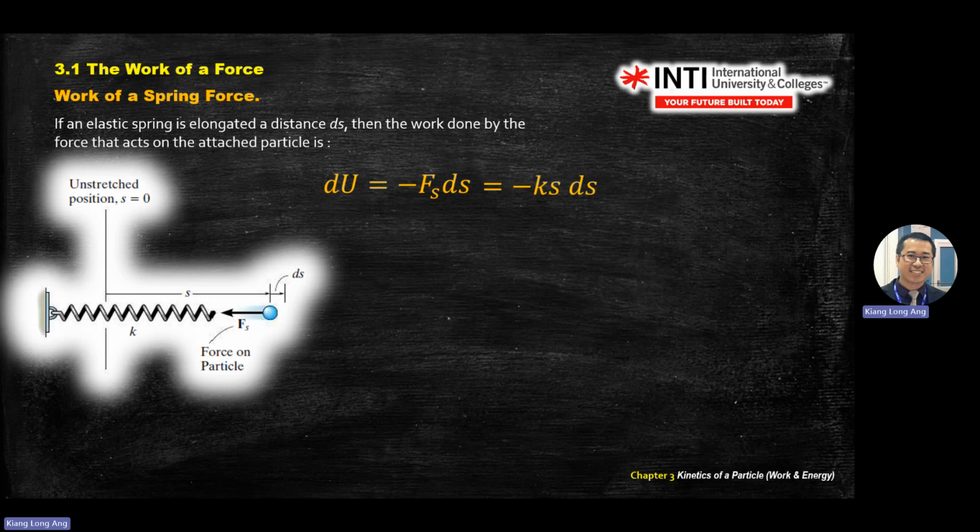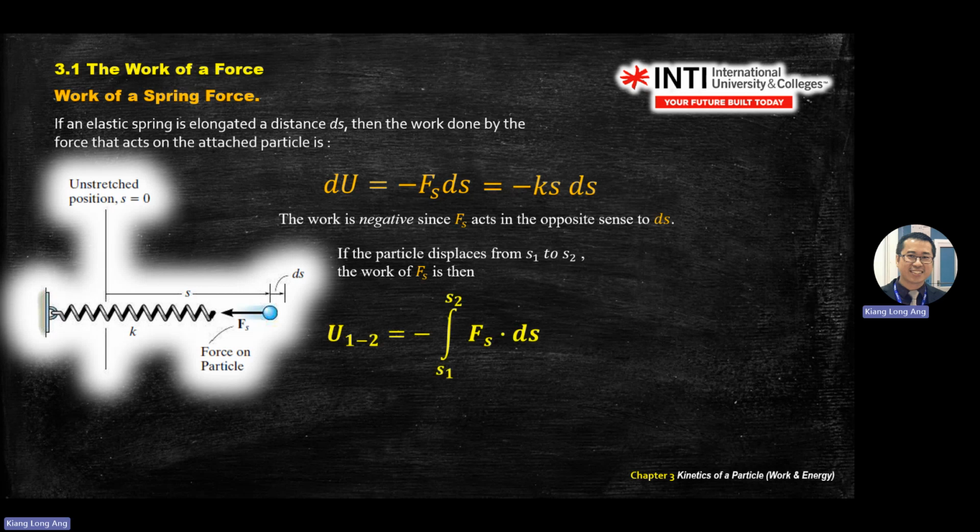So you have s integrate ds. What do you get? s squared divided by 2. You integrate this side, you get s squared divided by 2. So you will be getting this equation. For spring, you can either memorize it or derive it from the orange color.